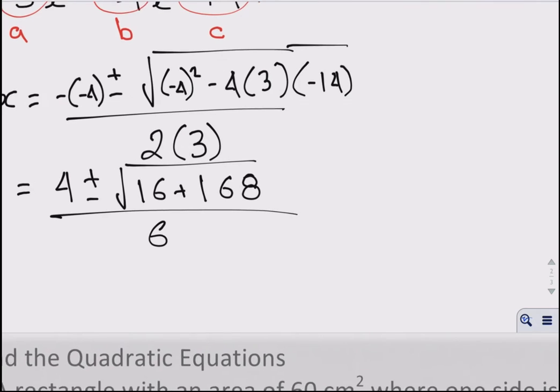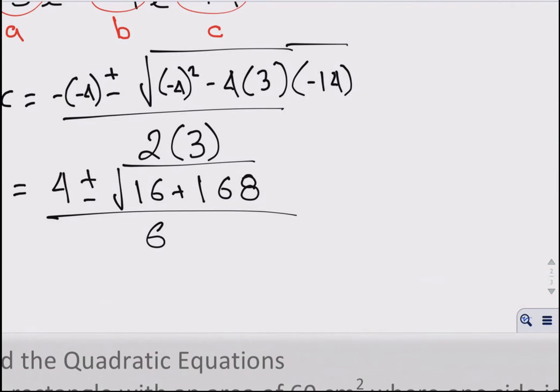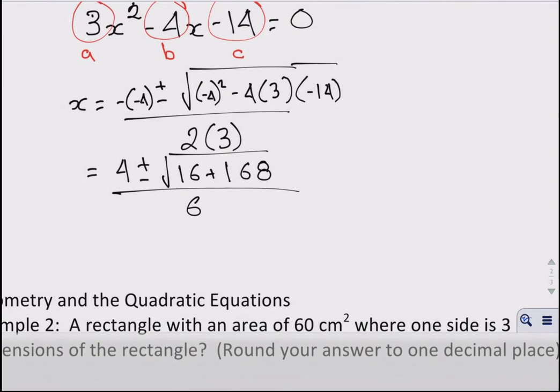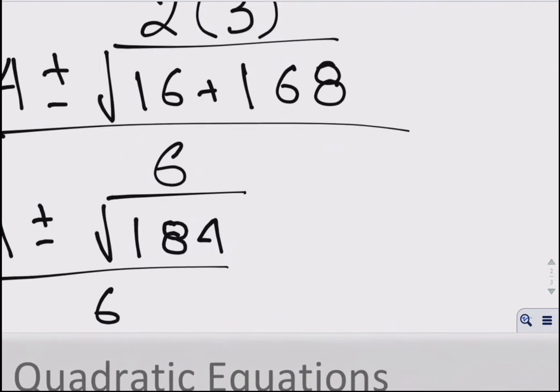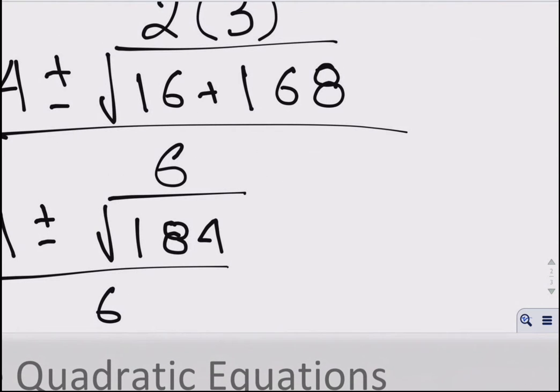A lot of work, but definitely doable. We can now add what's underneath the root sign, which becomes 184 over 6. And the 184 does have a common factor.